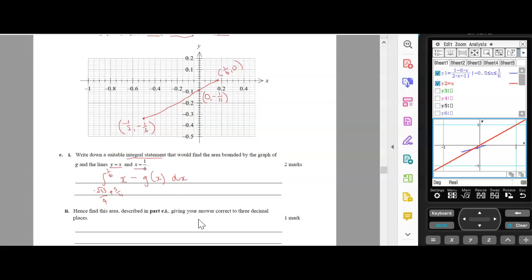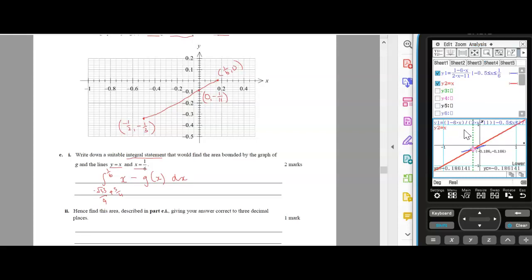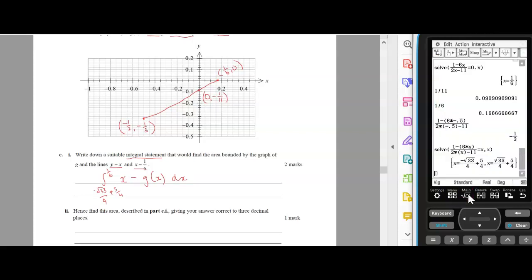All right, and in part 2, we have to find the area. So I think we can do it from the graphing screen. I've never actually done it. Let's see. Okay, yep, that's fine. Actually, maybe because we've got another line, I'm going to do it on the main screen.